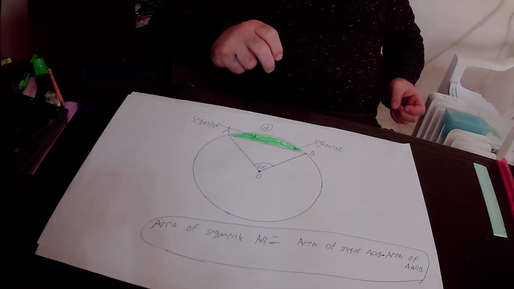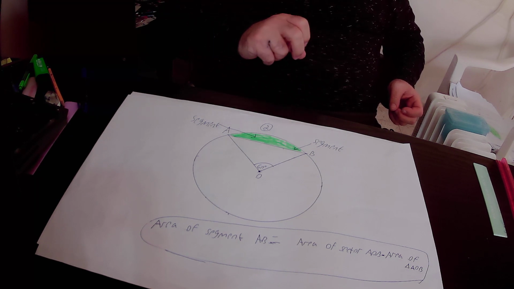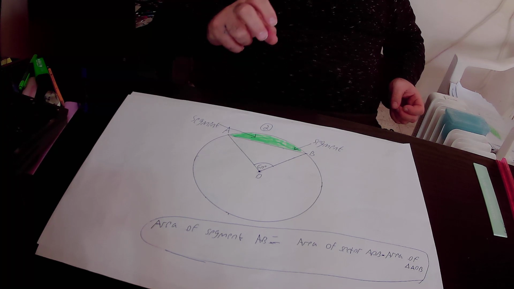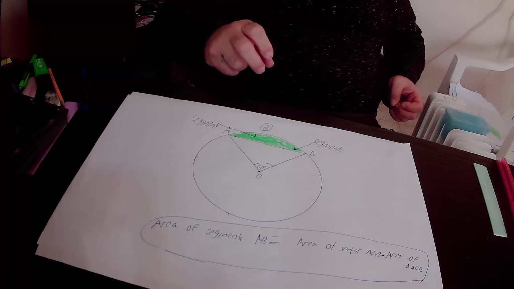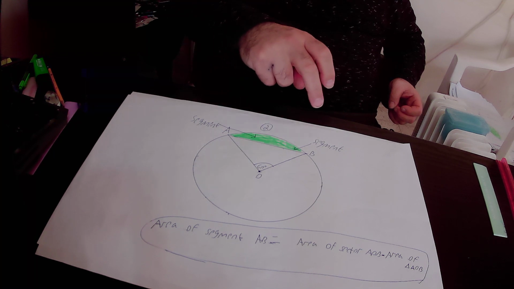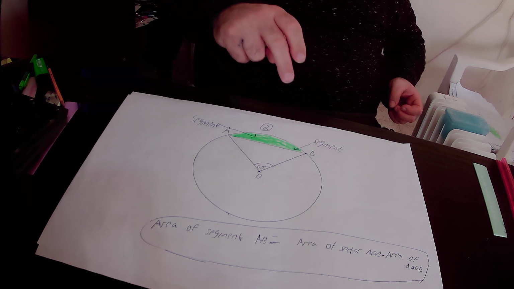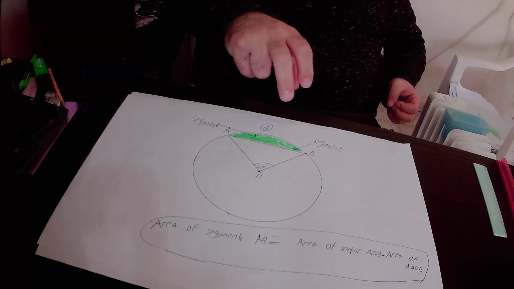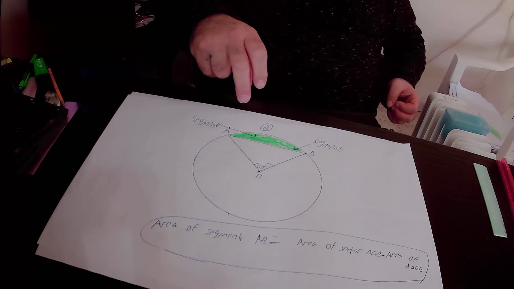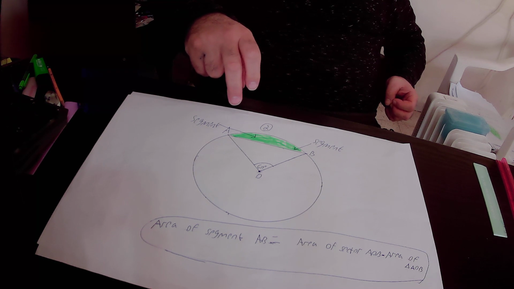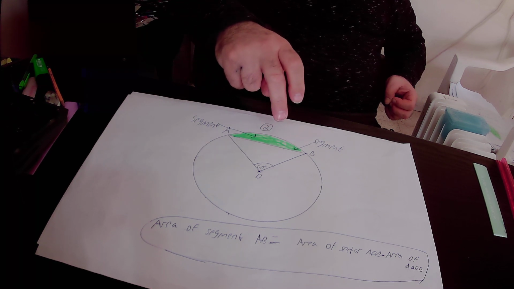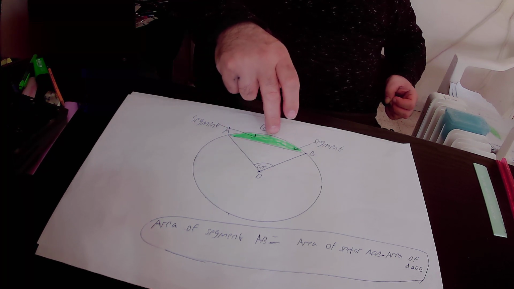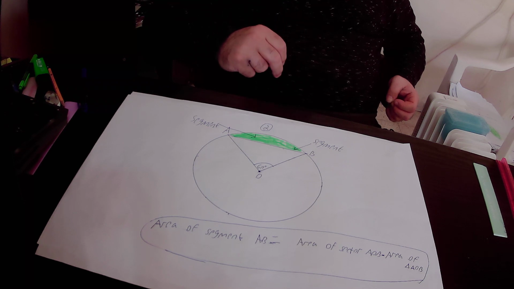This is actually the green area, and the formula for the area of a segment is equal to the area of sector AOB minus the area of triangle AOB. You can see it easily from the drawing that if you subtract the area of triangle AOB from the area of sector AOB, you will get exactly the area of segment AB.